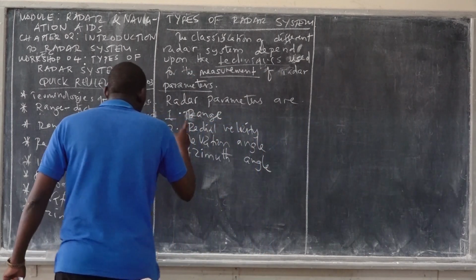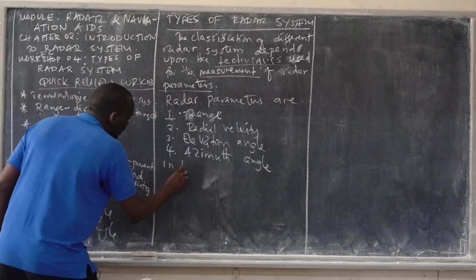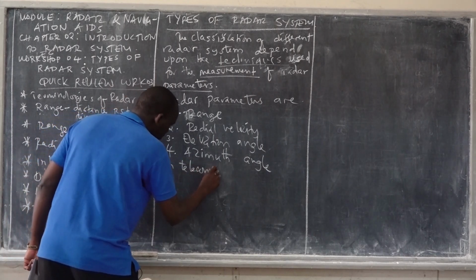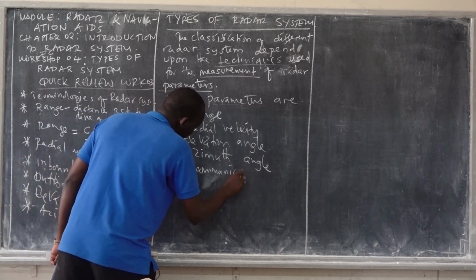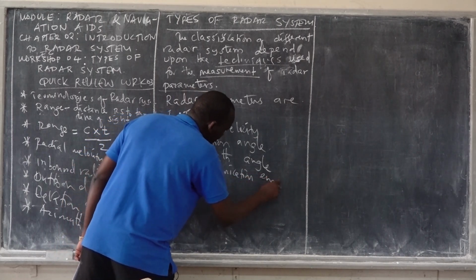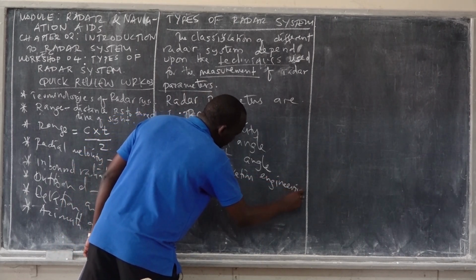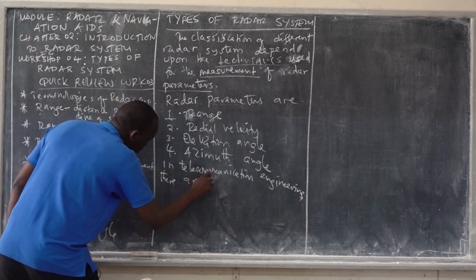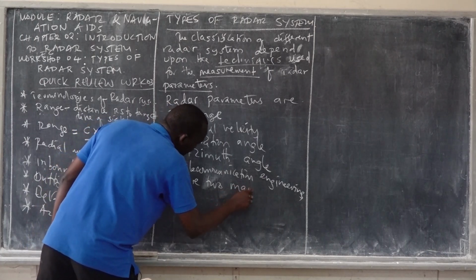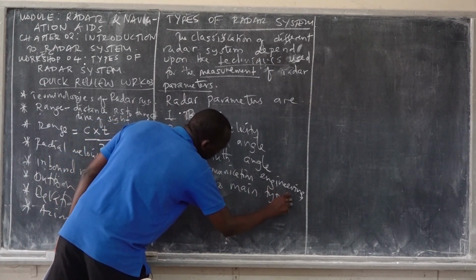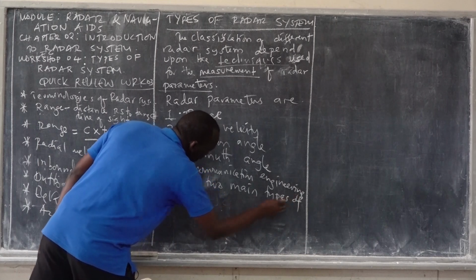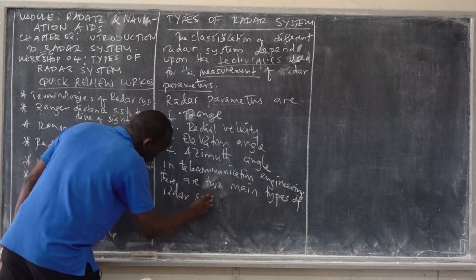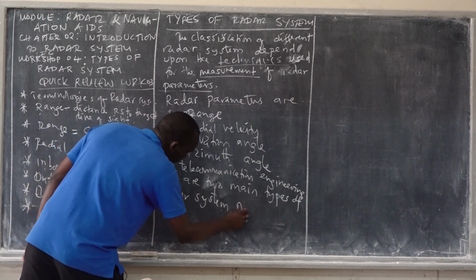So according to these measurement parameters, in telecommunication engineering there are two main types of radar system.